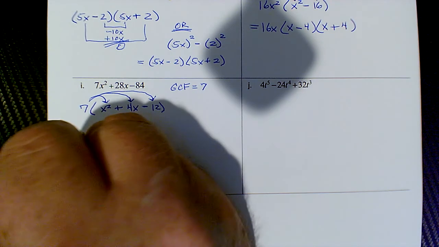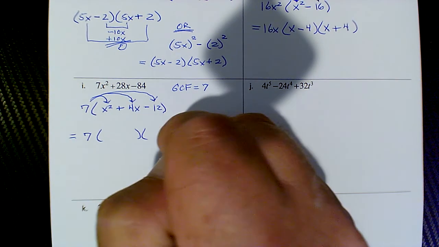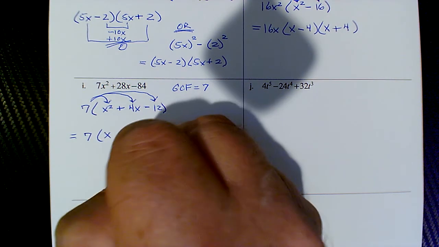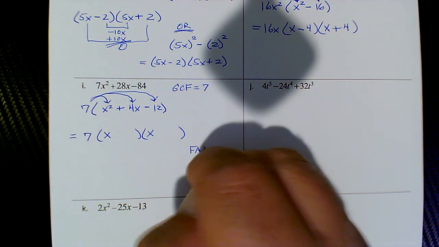And then 7 is part of the answer, but now we could factor the quadratic trinomial that remains. Use an x and an x, and I'm just going to do the factor method real quick.